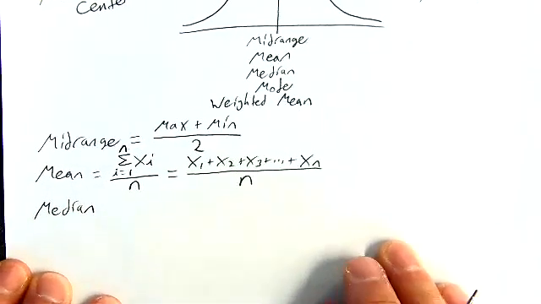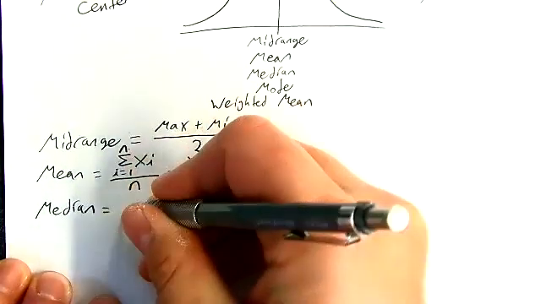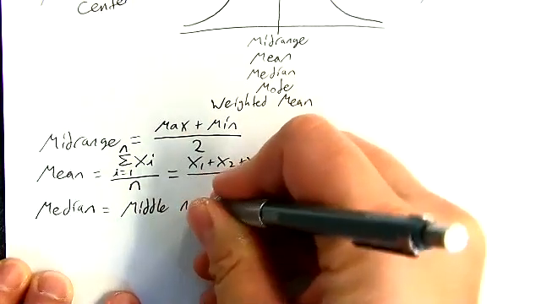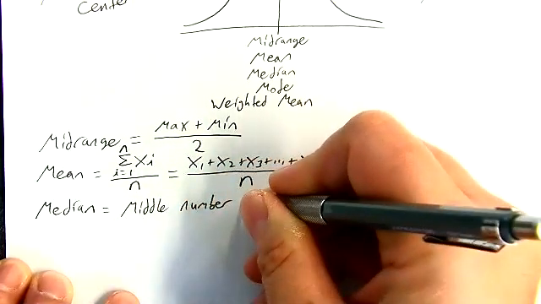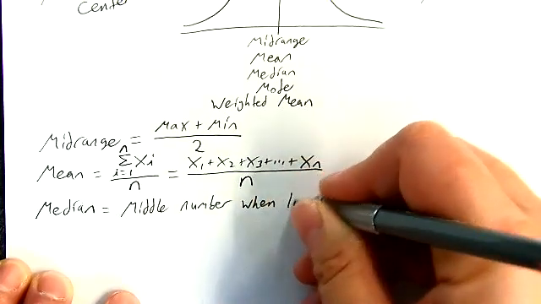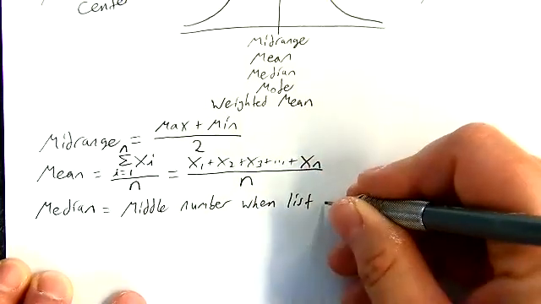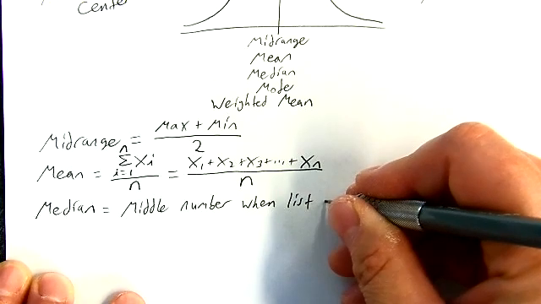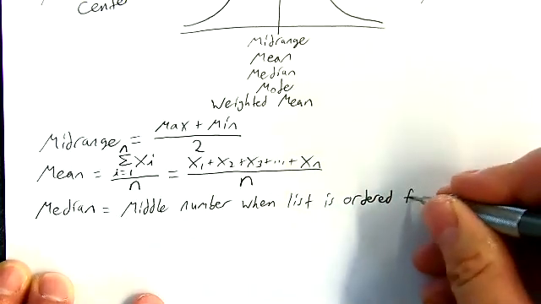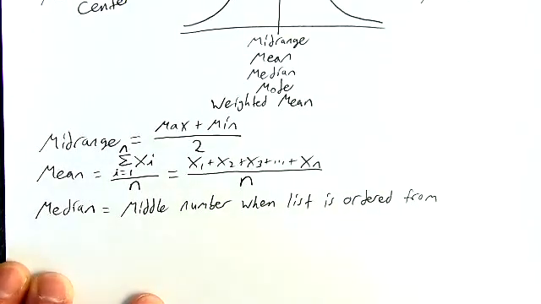So the median is just equal to the middle number when your list of numbers, and this is important, is ordered from smallest to biggest.